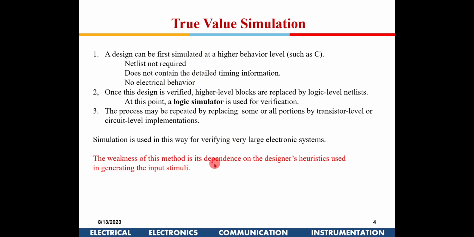So that needs to be done first at a high level, right? Only then, because these tests will not take much time. If you are running a test at a behavioral level such as C, it will quickly give the result. So the logical verification, this logic simulator, can be done without wasting much time.